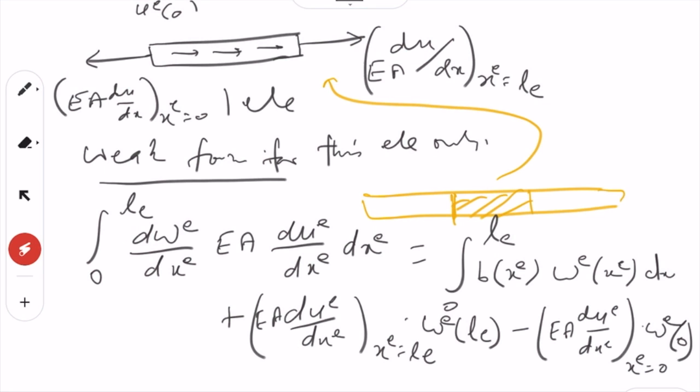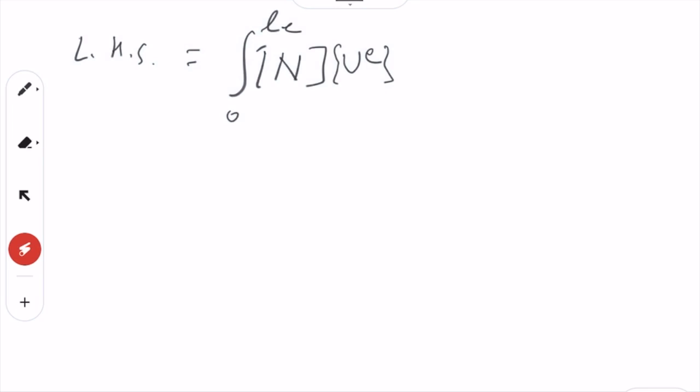Okay, so we have dwe over dxe. So here instead of n we have b, sorry, the b matrix there.